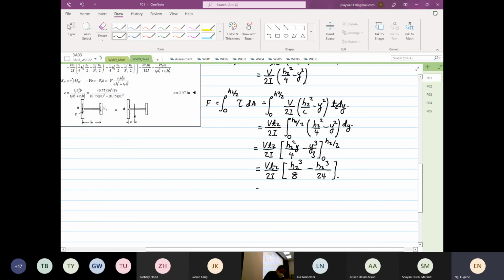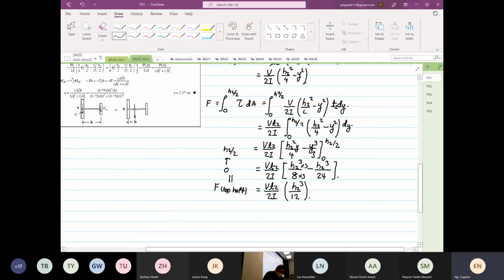So finally, V t2 over 2I, right? So you times 3 over here. This 2 over 24 is 1 over 12, right? h2 cubed over 12, right? So this is the force for the top half. Why top half is because the limit is from 0 and we go to h2 over 2, right?